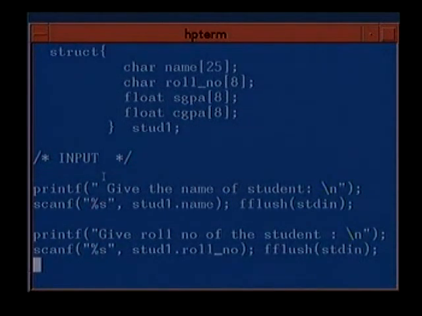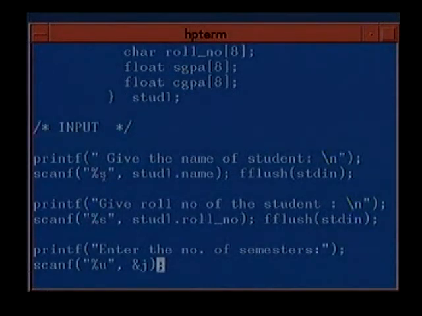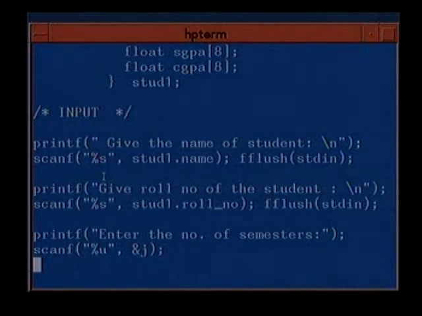Again similarly we take in the roll number. Next we take in the number of semesters, which is stored in the variable j. And number of semesters we have taken in just to introduce the unsigned. We saw the unsigned format previously.